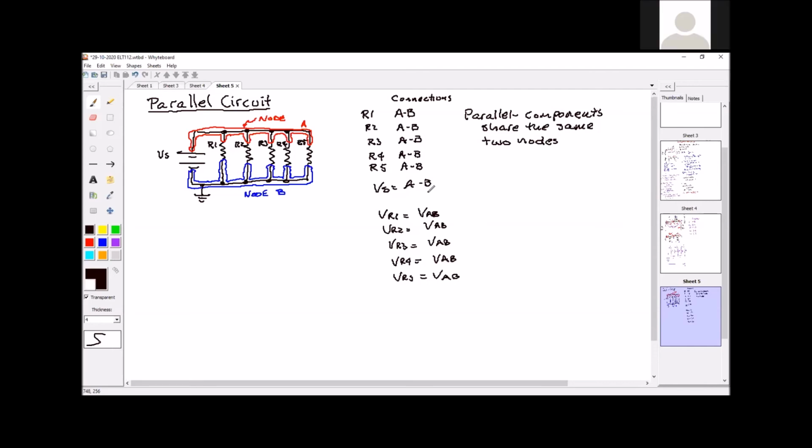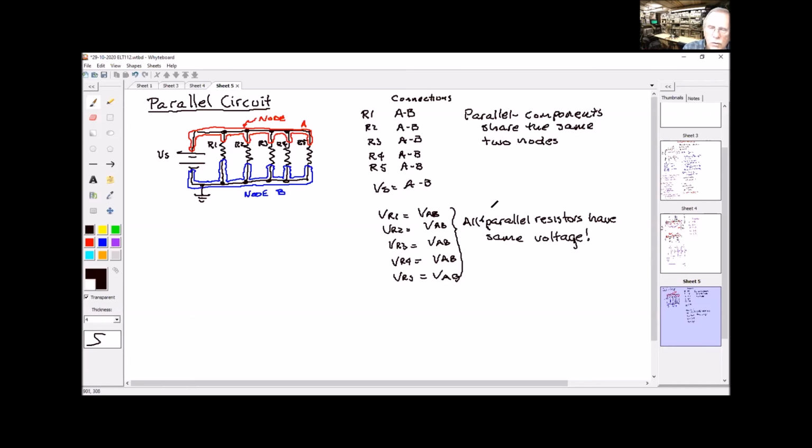They have the same voltage. They're all the same. All parallel resistors have the same voltage. So resistors in parallel have the same voltage.